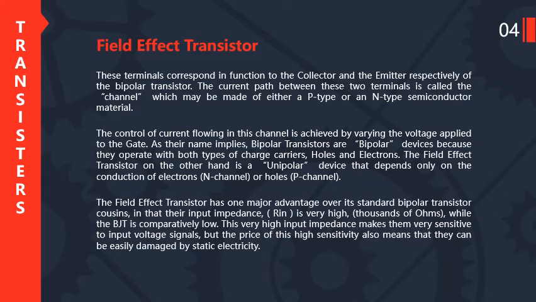The field effect transistor has one major advantage over its standard bipolar transistor, in that their input impedance Rin is very high, thousands of ohms, while the bipolar junction transistor is comparatively low. This very high input impedance makes them very sensitive to input voltage signals. But the price of this high sensitivity also means that they can be easily damaged by static electricity.